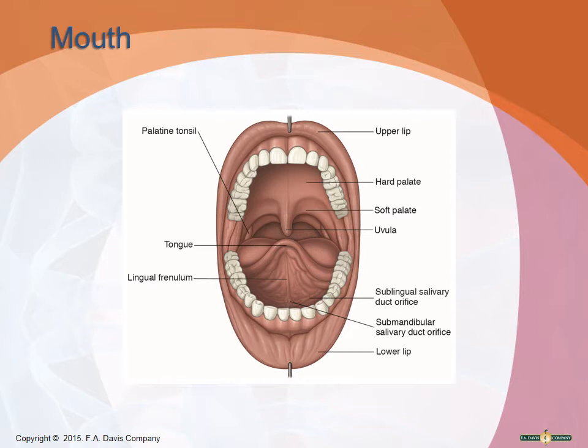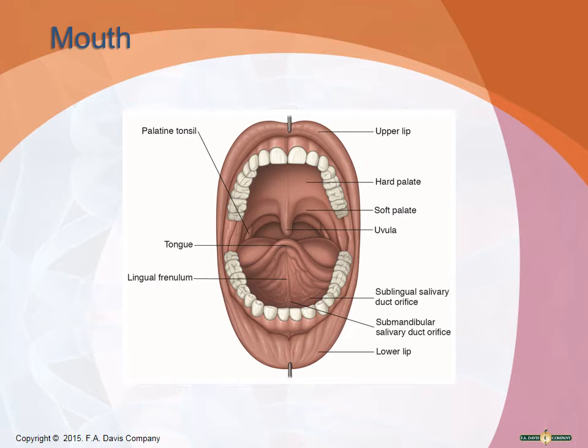and you'll see there are openings from the salivary glands, duct openings that will release saliva into the oral cavity. So it's in the mouth where we start having mechanical as well as chemical digestion occurring. Mechanical digestion is the breaking down of larger pieces of food into smaller pieces.